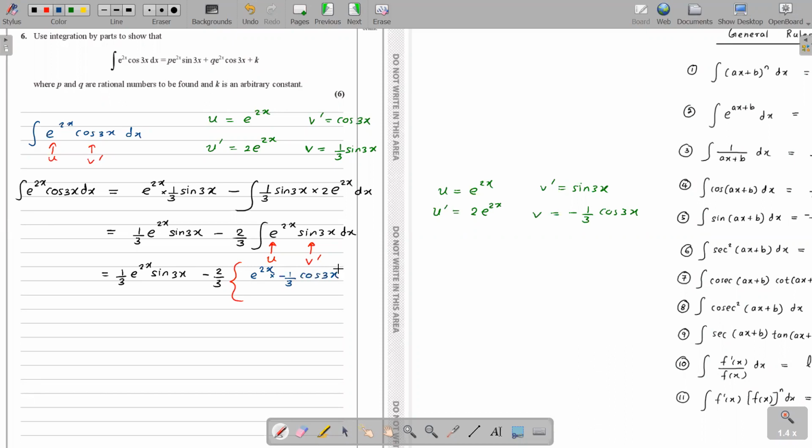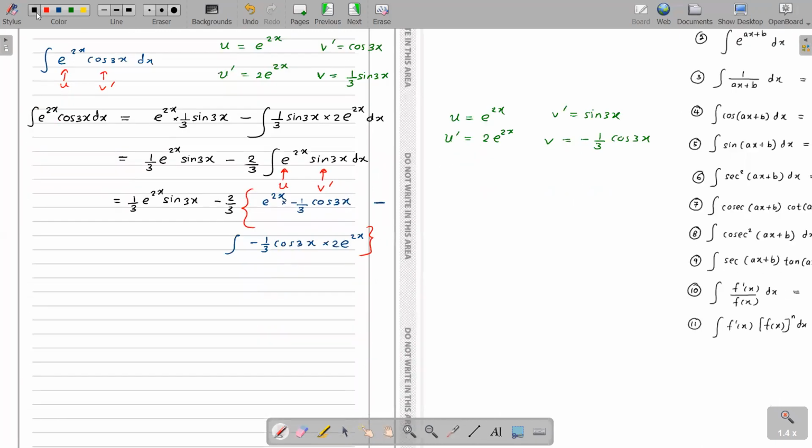So uv minus integration of v, which is minus 1 over 3 cos 3x, times u dash, which is 2e to the power 2x. Are you okay? I've written it down over here. Is that okay with y'all? This should be written, but since there was no space, I just wrote it down over here.